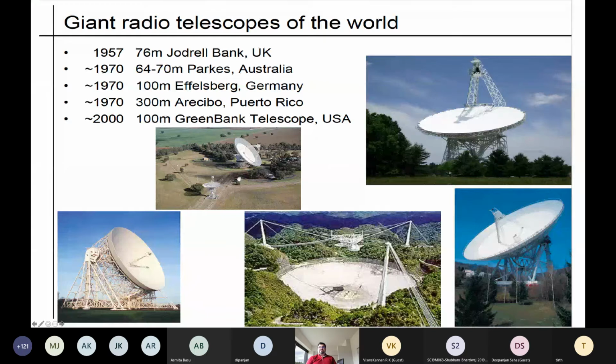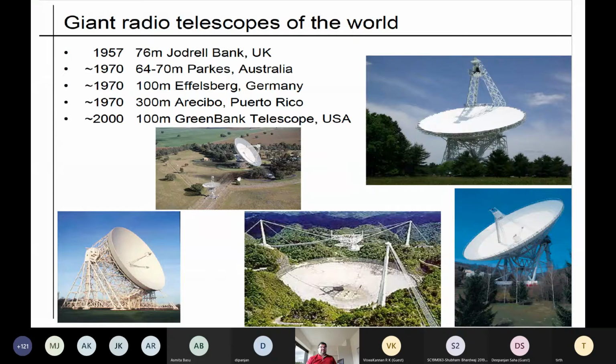Then there's Effelsberg in Germany, near the right end of my slide at the bottom. And then you have Arecibo, which is 300 meters, sadly decommissioned recently. And then it took until 2000 to build the 100-meter Green Bank Telescope. But the difference between this and Arecibo is that this is fully steerable, so it can point to any part of the sky, and it's a 100-meter dish.